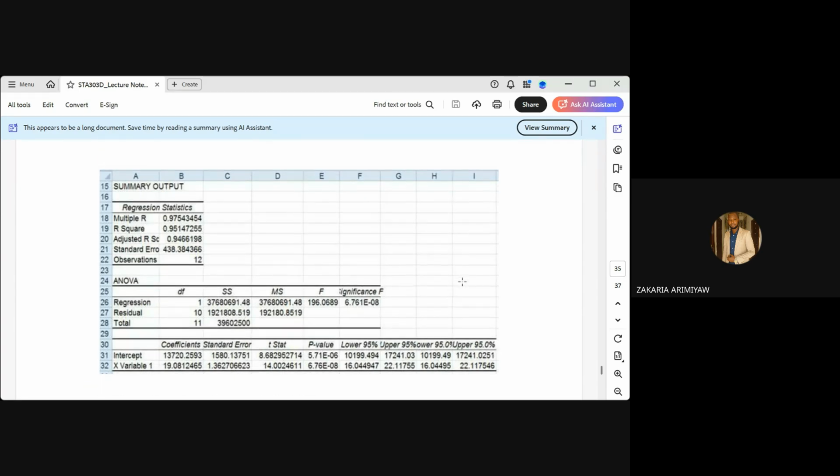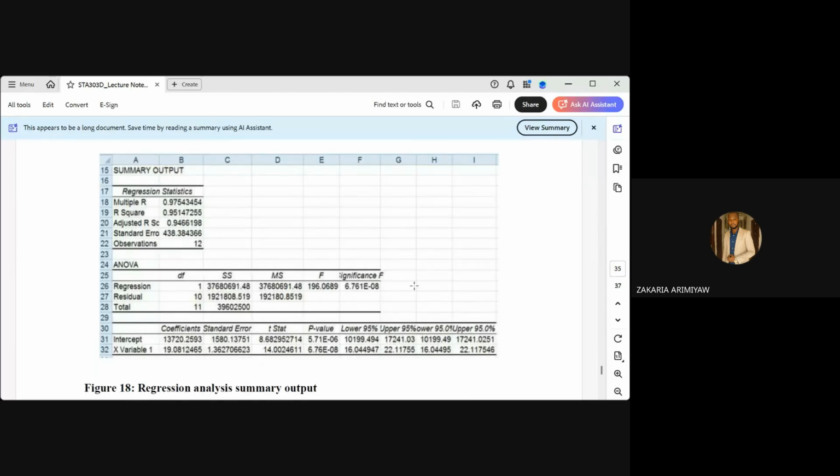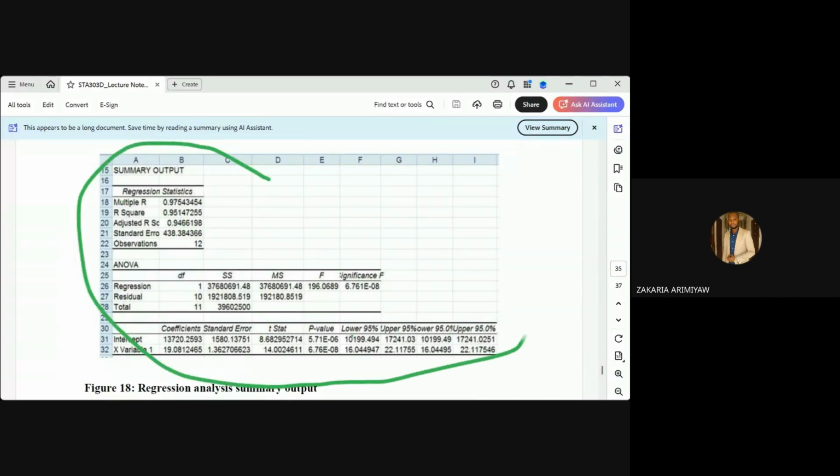What I'm showing you here is a regression output, not correlation. Thankfully this time it is showing. If you run regression analysis in Microsoft Excel, this is how the results will appear.